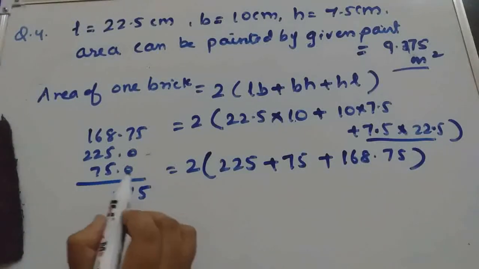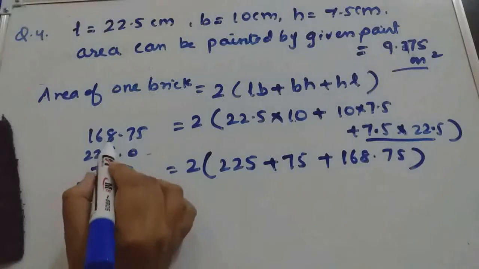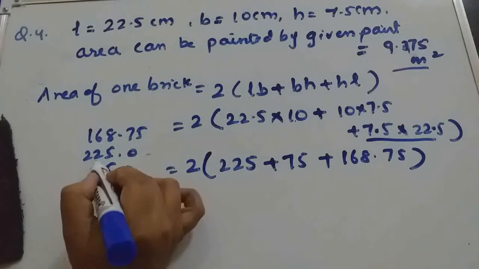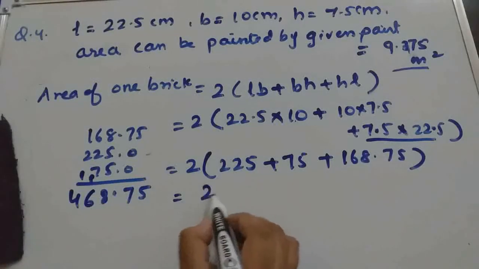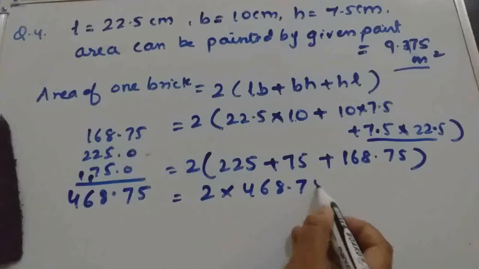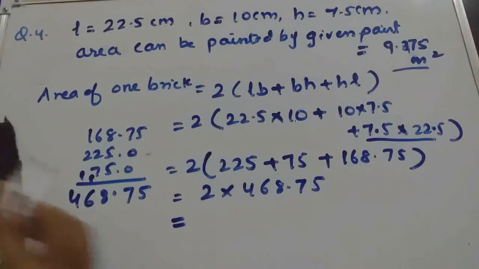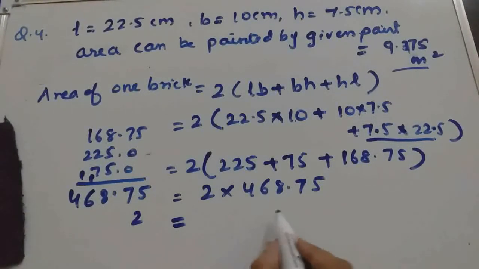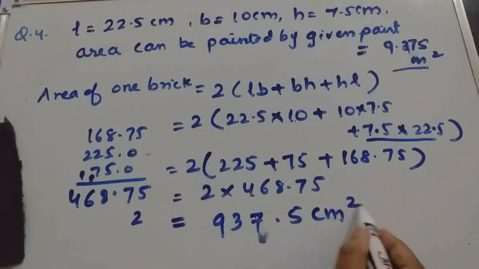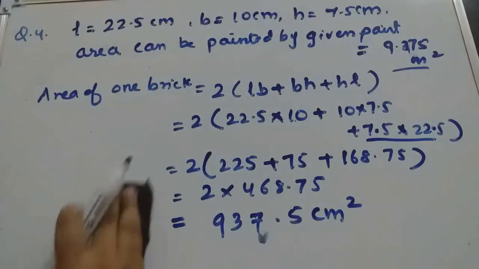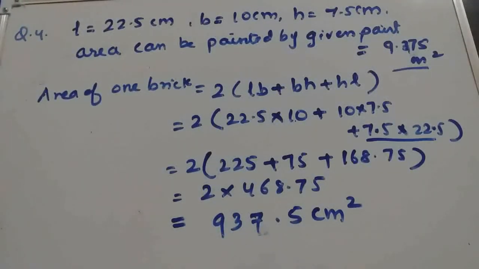So the sum is 468.75, which after multiplication with 2 will give 937.5 centimeter square. So this is the area of one brick in centimeter square.